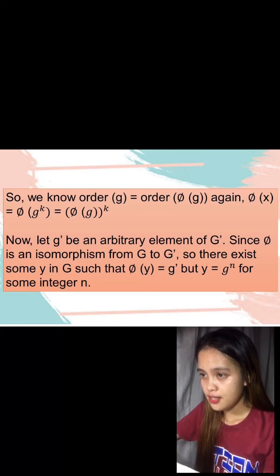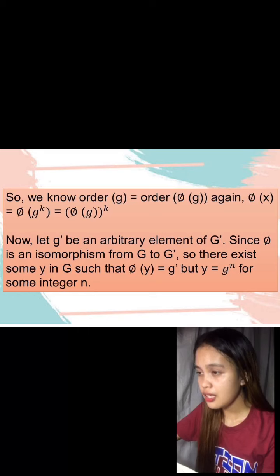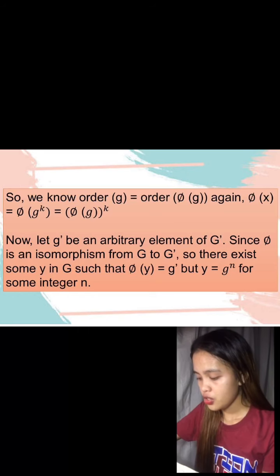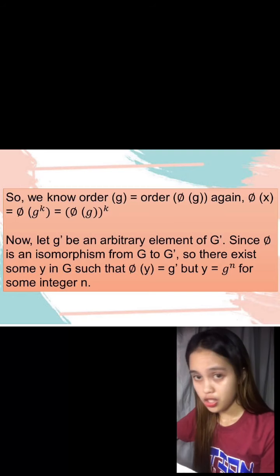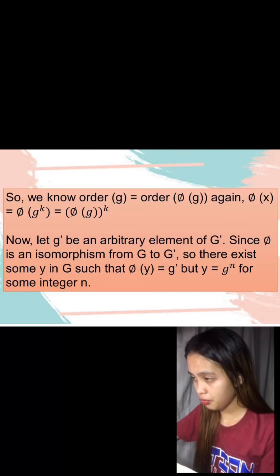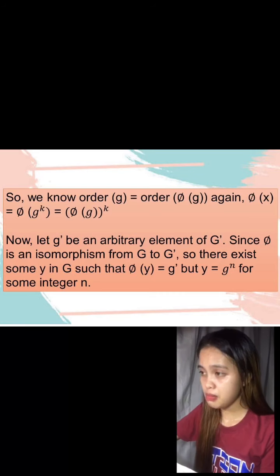Okay, next, we know the order of G is equal to the order of phi of G from the definition, since it is cyclic. So if phi is an isomorphism, then the order of G, which is the pre-image, and the order of phi of G, which is the image, must be equal.